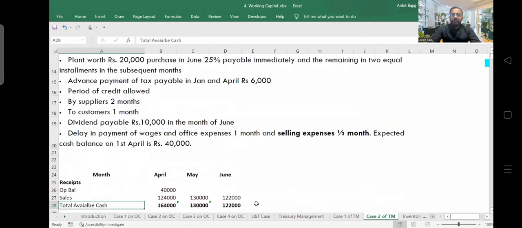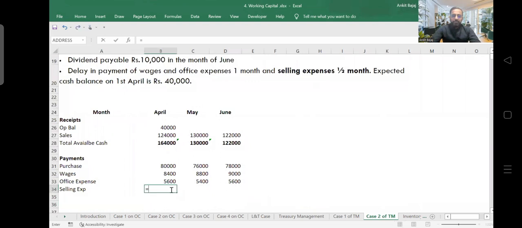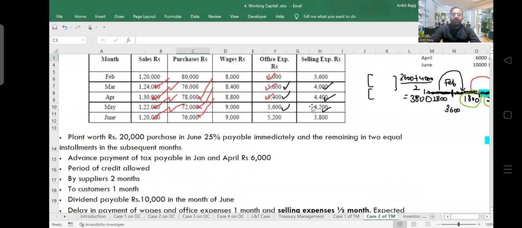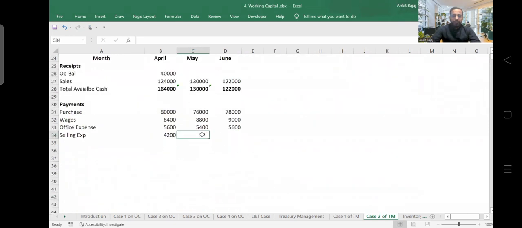So 4,000 plus 4,400 divided by 2 is going to be the average, 4,200. Then for the month of May, we have to take 4,400 and 4,200, divided by 2. Are you able to understand?